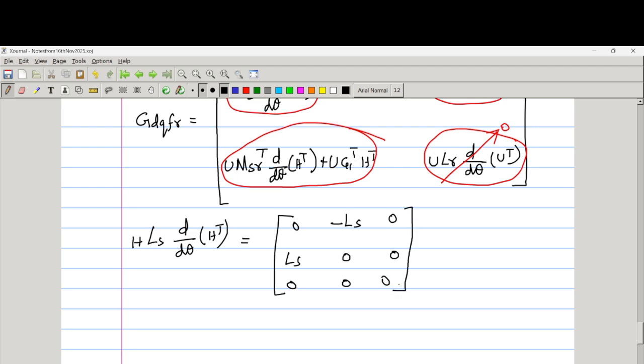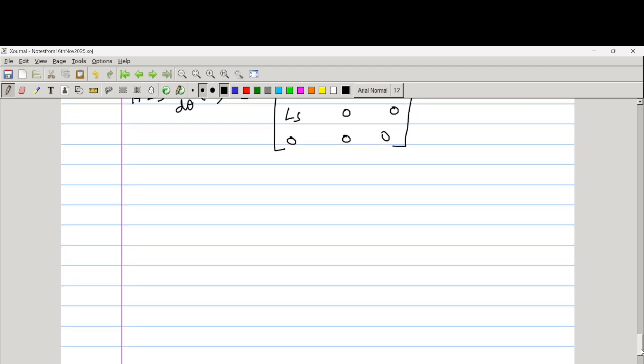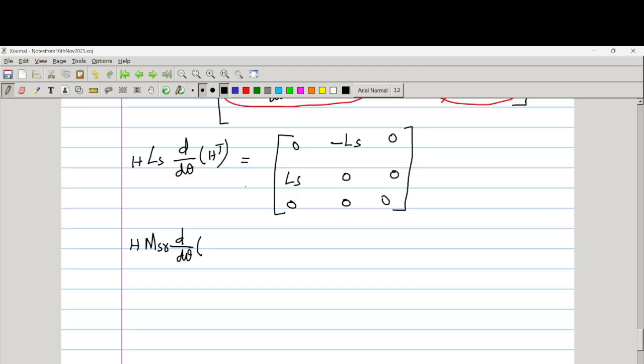This is the matrix. Then the next value we have to write is HMSR d by d theta of H transpose plus HG1 U transpose.